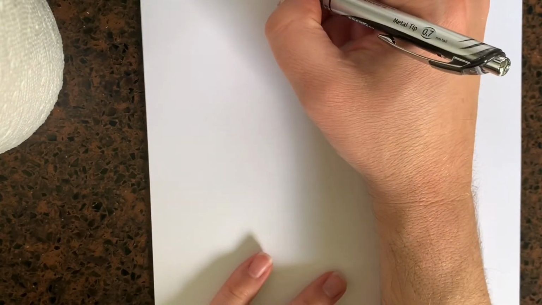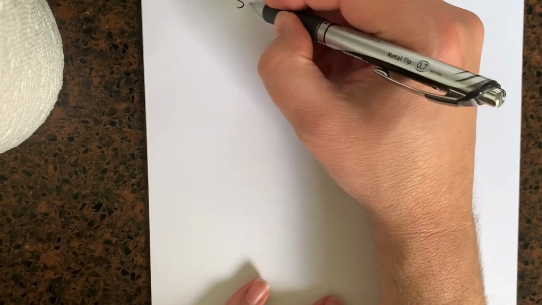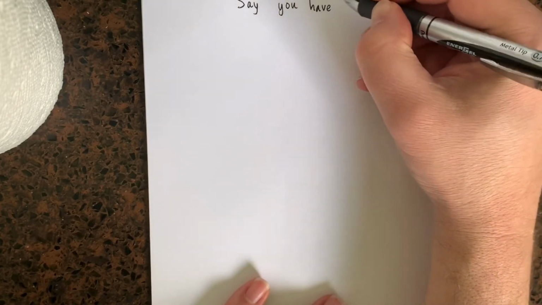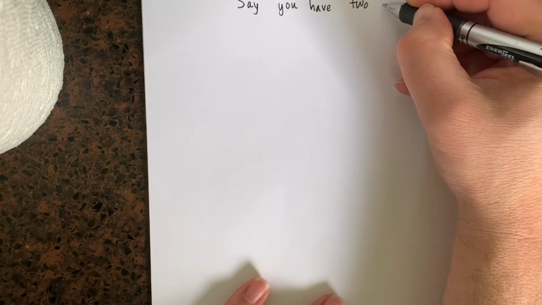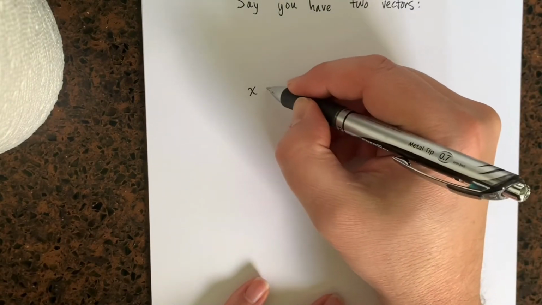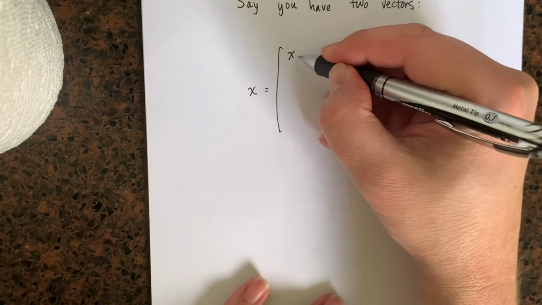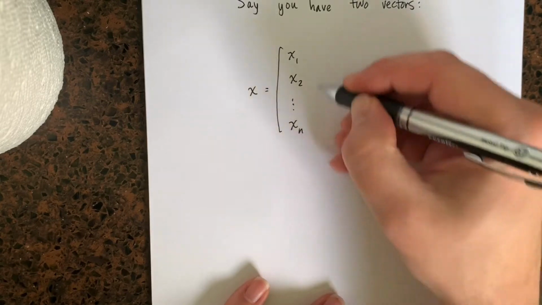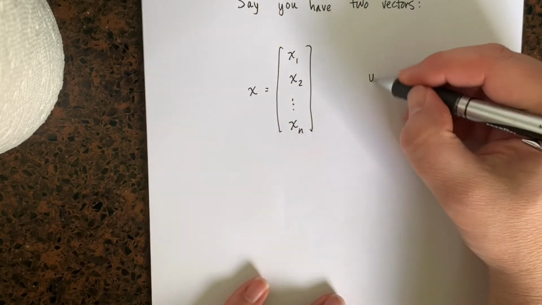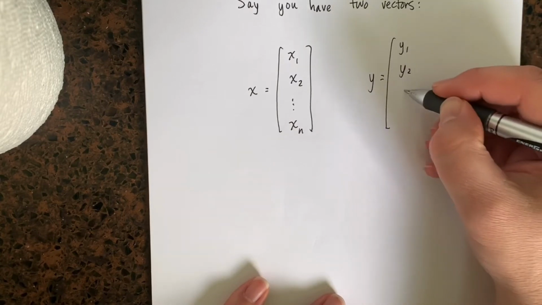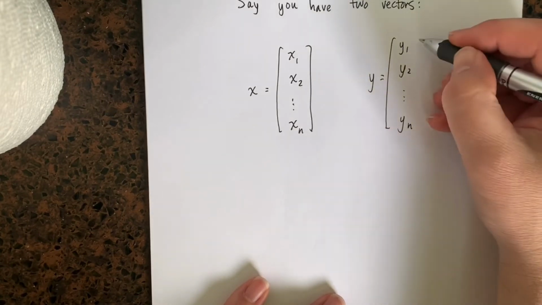Let's say you have two vectors. Vector x, x1, x2, and so on, up to xn, and y, y1, y2, and so on, up to y sub n.